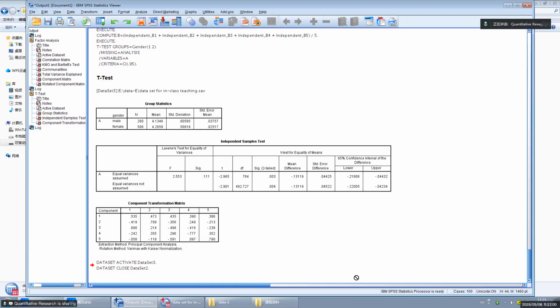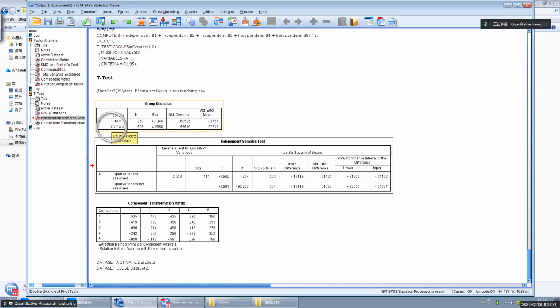Now I will repeat it again. This table can tell you whether the difference is significant or not. If you want to know who scores higher, you have to check the mean scores in table 1.